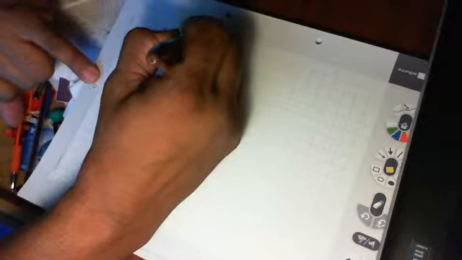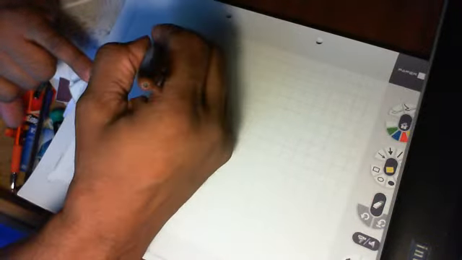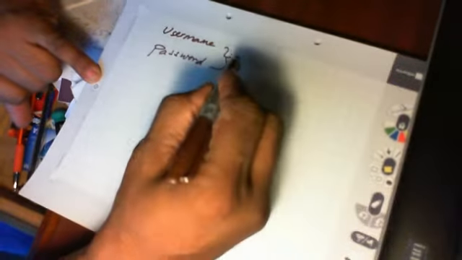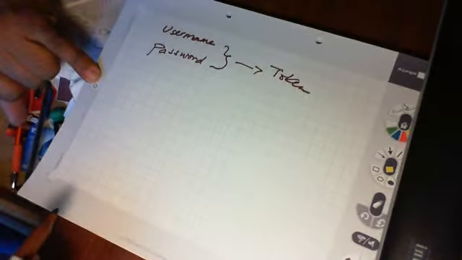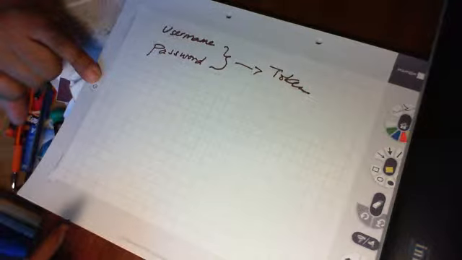For example, you're sitting in front of a machine. You enter your username, and then you put in your password. It uses these two to generate a token, and the token is sent across the network to the server.